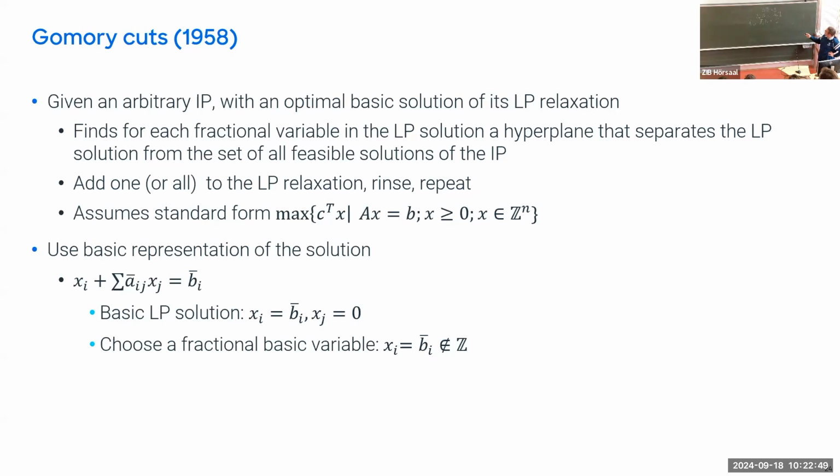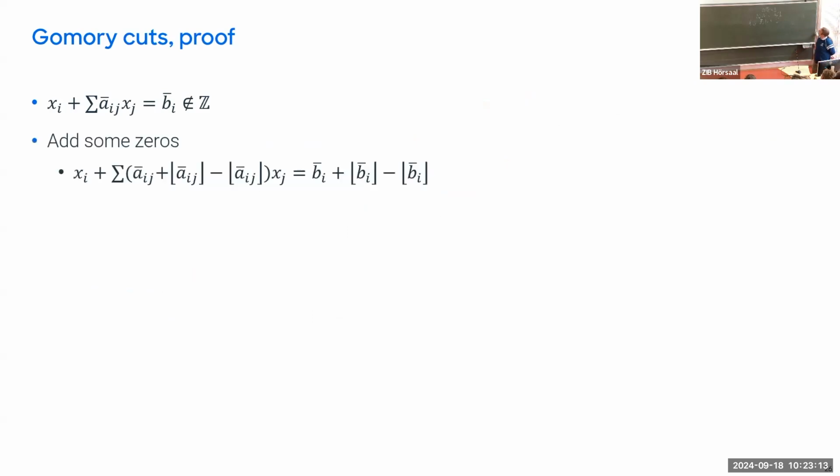Our solution is x_i equals b_i for the basic variables, x_j equals 0 for all the non-basic variables, and we now just choose our favorite fractional variable x_i, and look at this basic simplex tableau representation, a single line in a simplex tableau. b bar is not fractional. Okay, and we start massaging it. Let's try to walk through this and see whether we can do this.